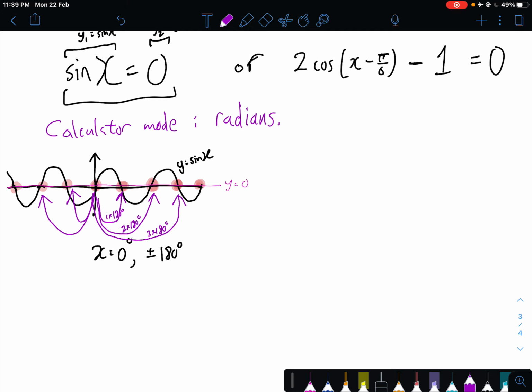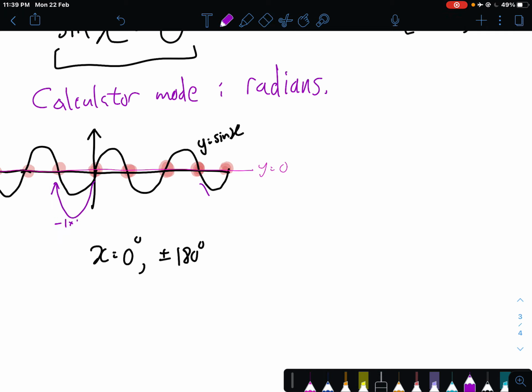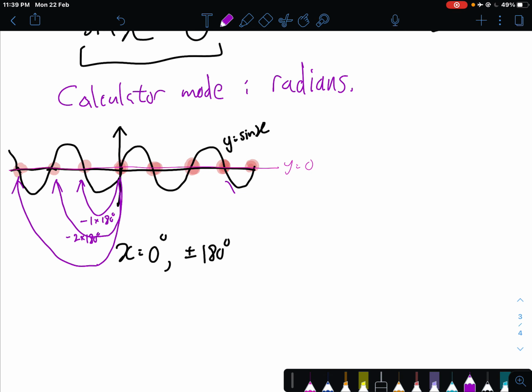And of course you can do it on the other side as well: minus 1 times 180 degrees, minus 2 times 180 degrees, minus 3 times 180 degrees. So we can get all these angles.